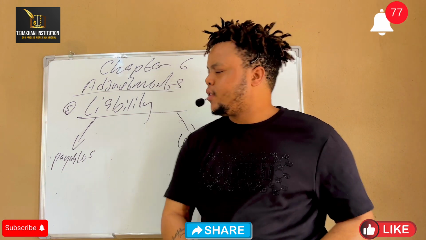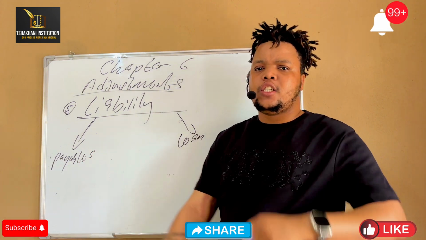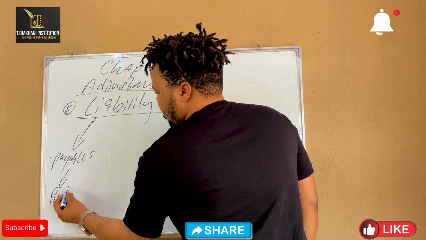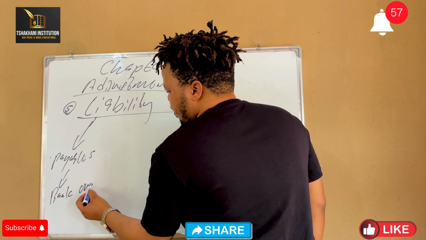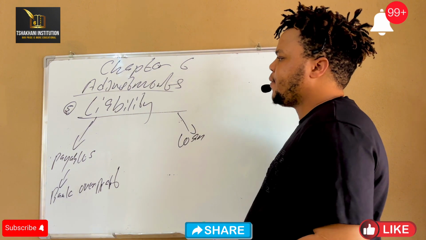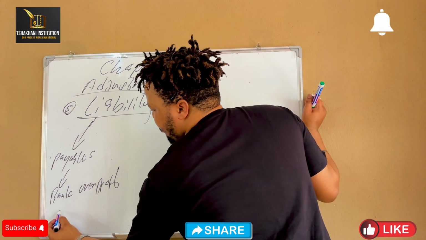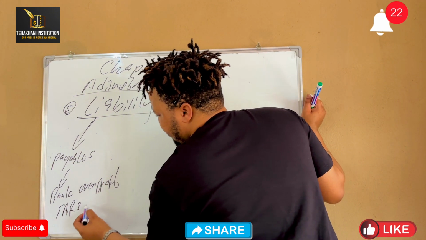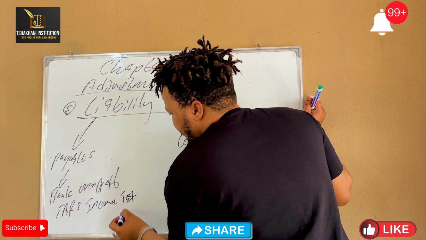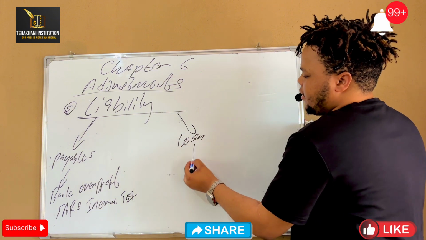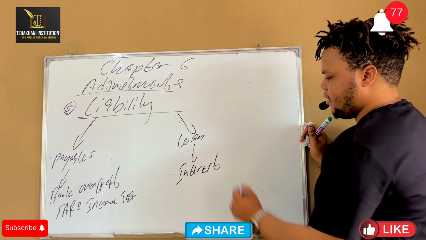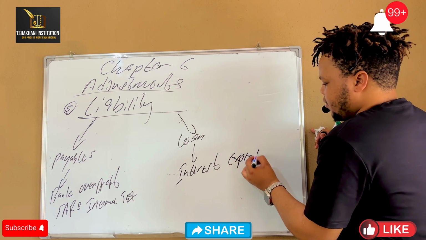So buying on credit, the payables, it's going to cause the issue of the bank overdraft. And altogether, it's going to take the issue of the SARS income tax. The loan is going to cause the issue of the what? Of the interest, which is the interest expense.